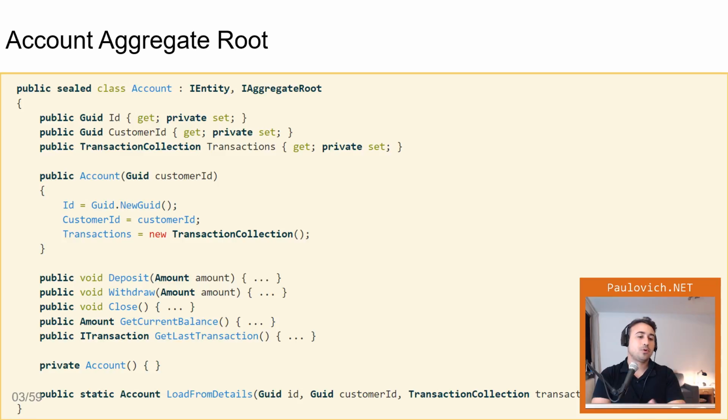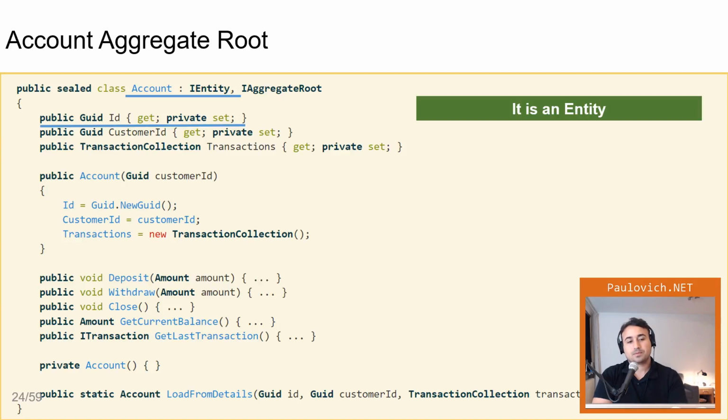If you know my projects on GitHub, like check out the manga, I follow this idea of aggregate roots. So here I have an account with ID, customer ID, a list of transactions, and let's see what is important here. First, an aggregate root is an entity.